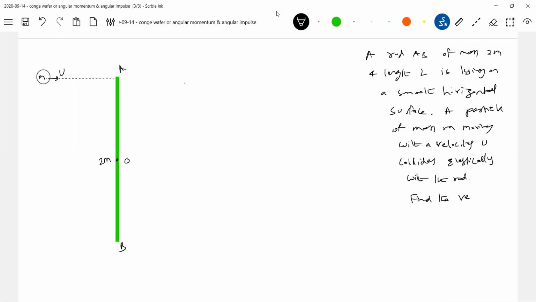Find the velocity of the rod just after impact. Okay, there's a thing I'm giving. Find the velocity of the rod just after impact. So do one thing: just take a pencil, keep it on a table, dining table or on the floor.